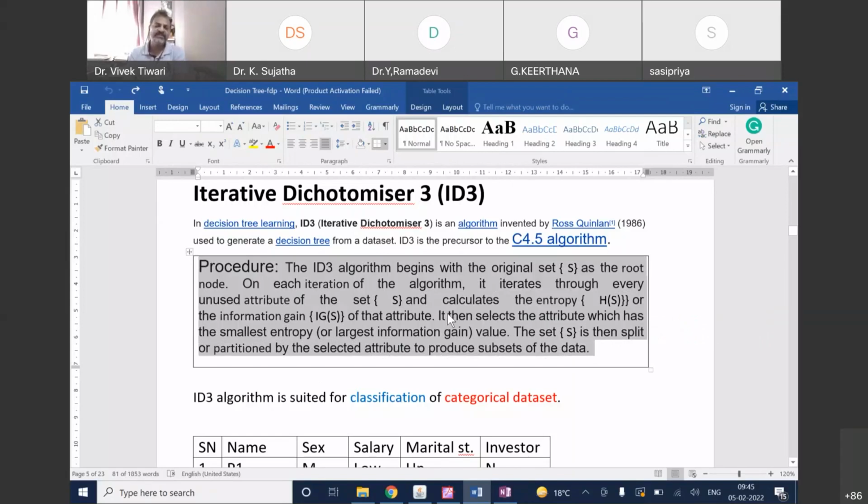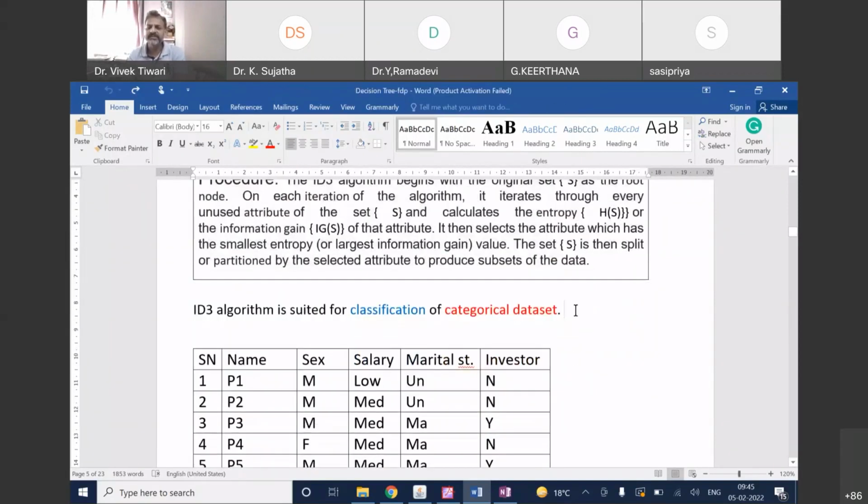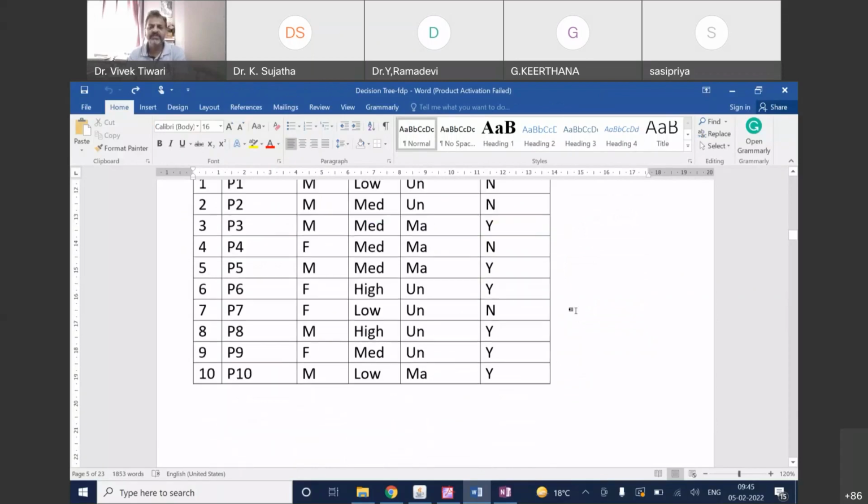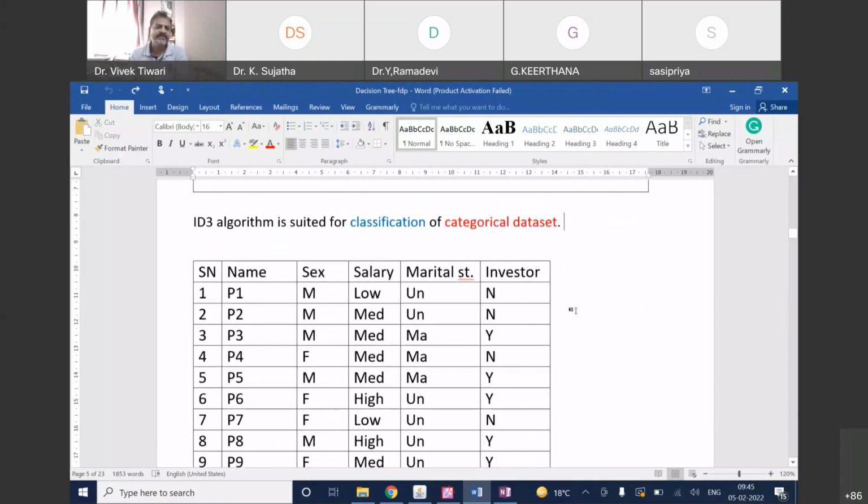It's a bit difficult to understand, so I will explain ID3 with a numerical example, and each and every internal working operation I will cover in a very detailed way. And I am sure everyone who is attending this FDP seriously will understand the decision tree without any effort.